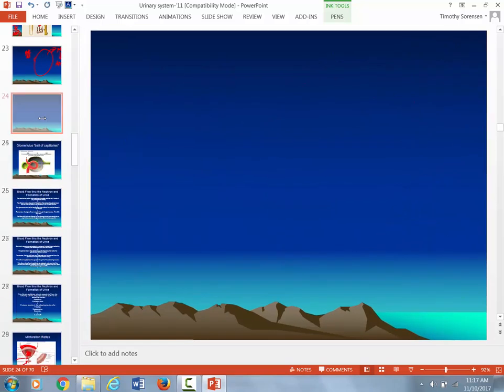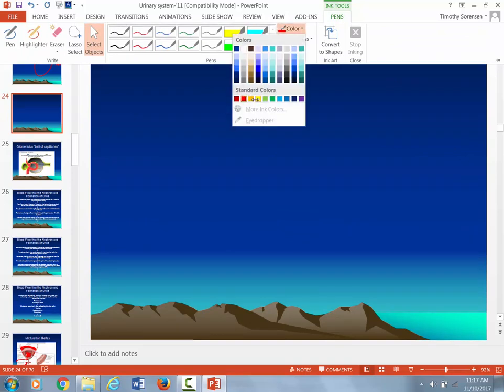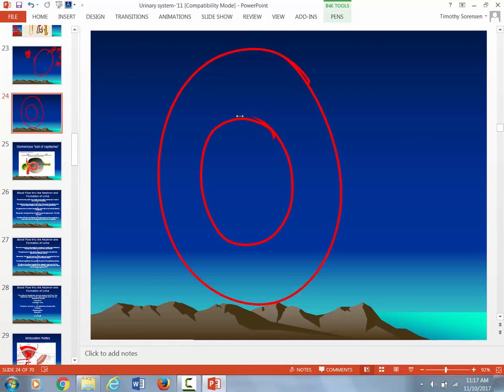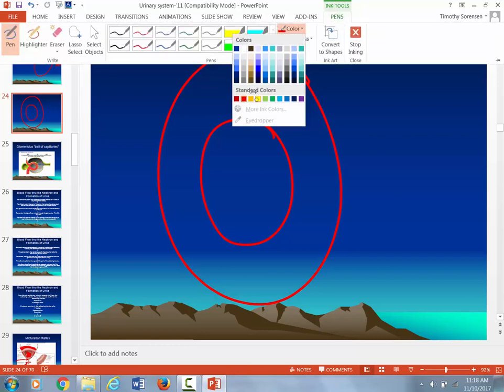I'm going to show you this. Watch it. What's this? That's an artery. See? So my drawings must be pretty good. Where's angiotensin 2?